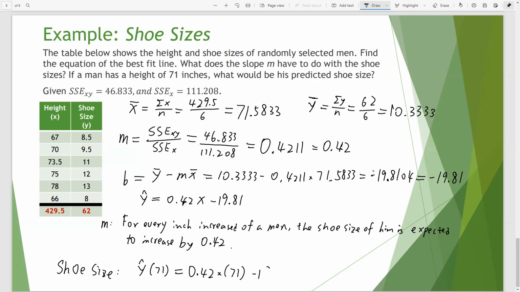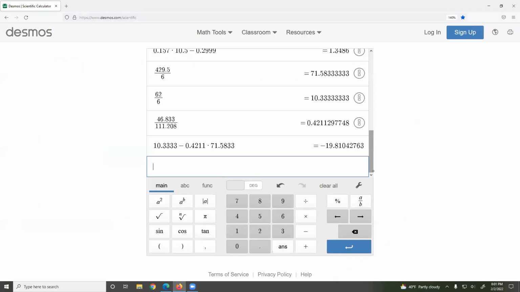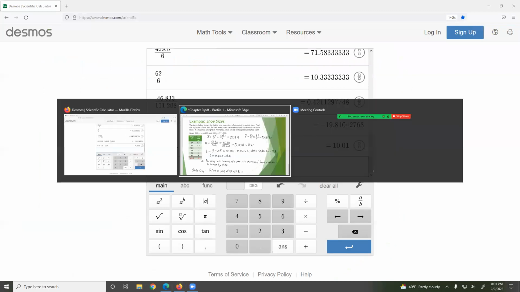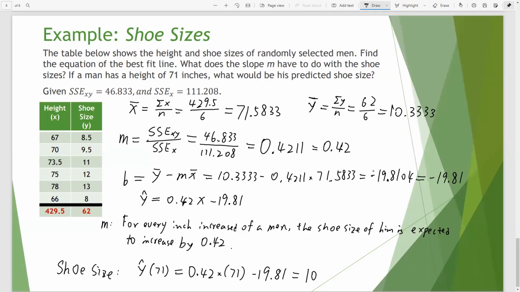So 0.42 multiplied by 71 minus 19.81. You get 10.01. When you round it, you can just go to 10. So size 10 is the predicted shoe size for a man who is 71 inches tall.